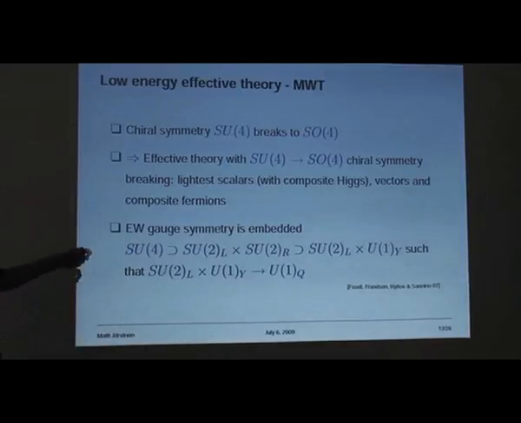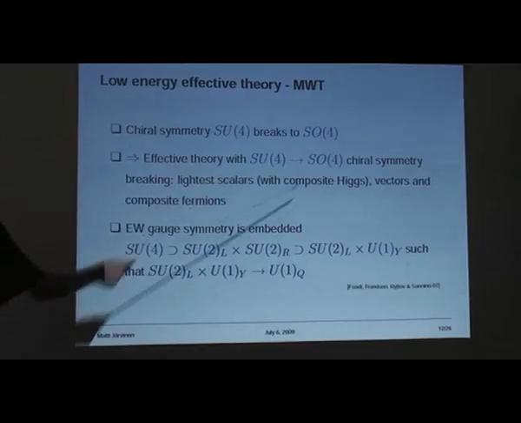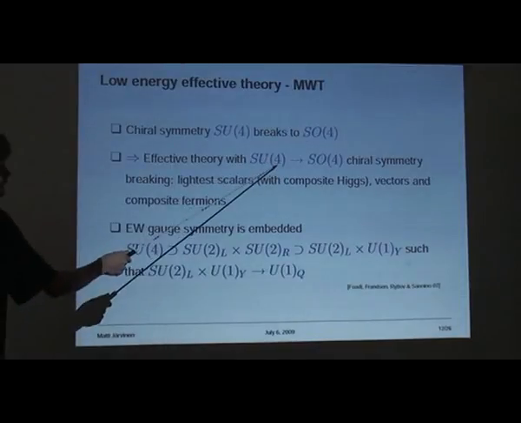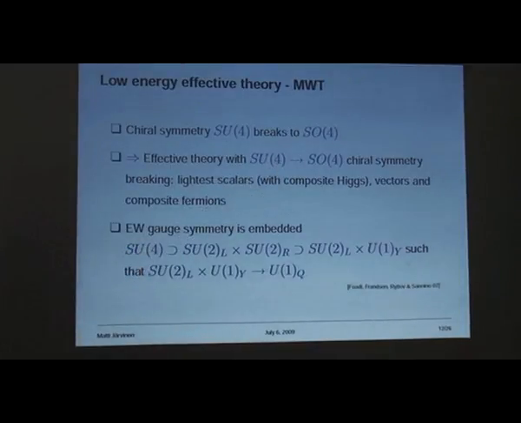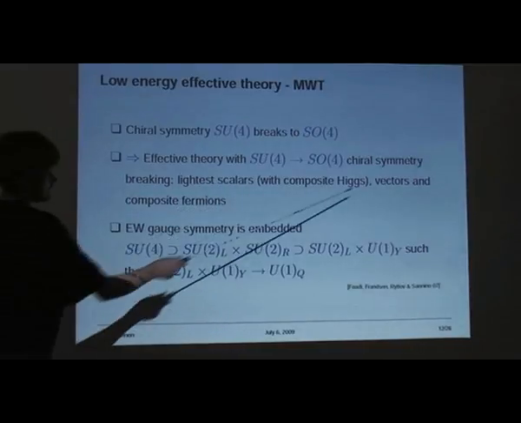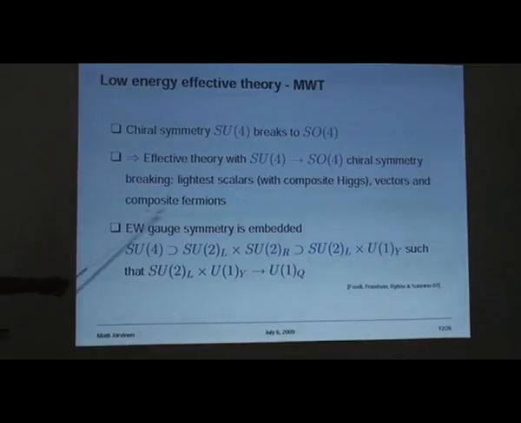So what we will write down is an effective field theory which has this SU(4) to SO(4) chiral symmetry breaking structure, and has the lightest scalars and vectors, and then one can also include some composite fermions as well.